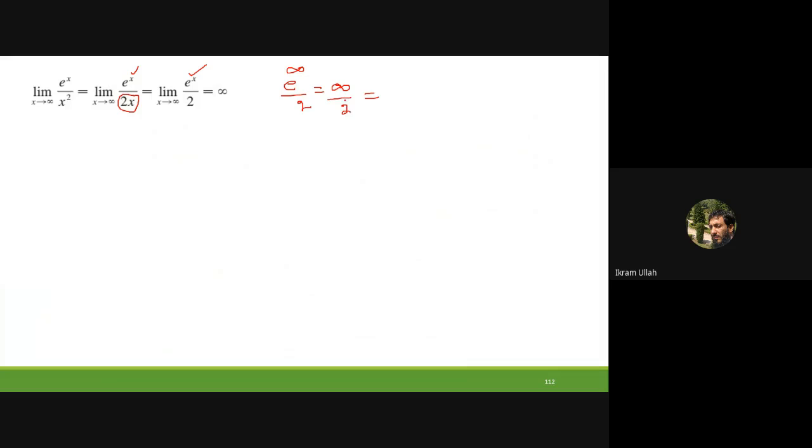So infinity divided by some number is equal to infinity. So we removed the indeterminate form with L'Hopital's rule.